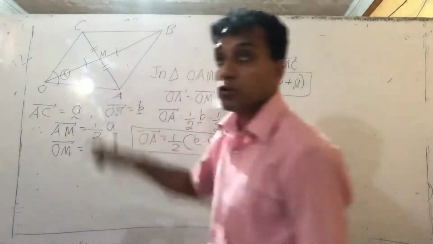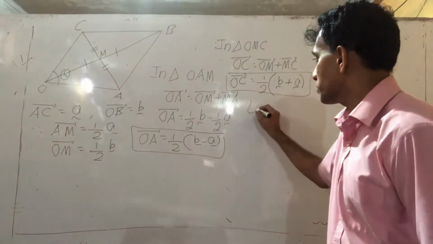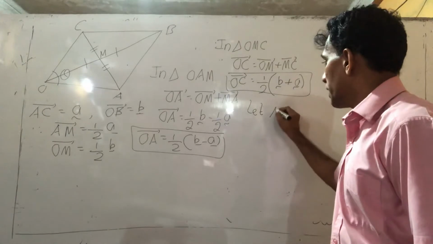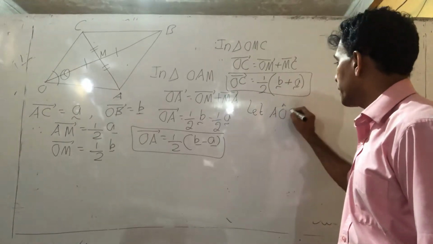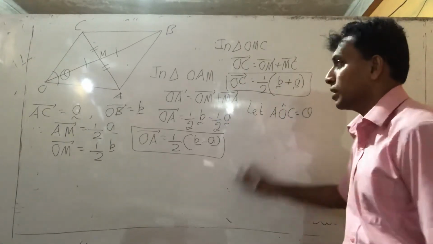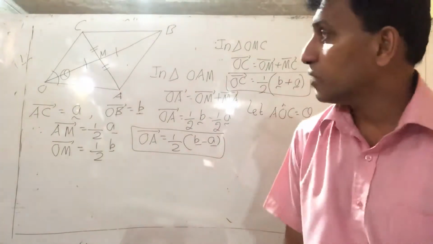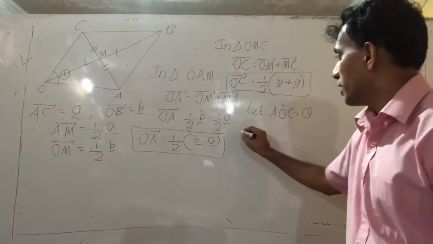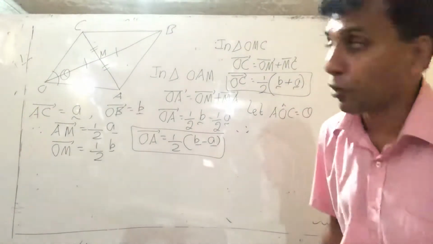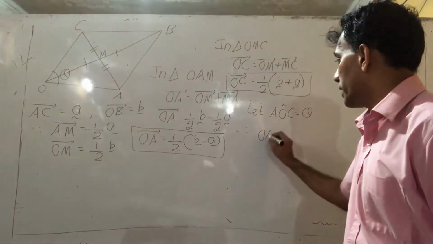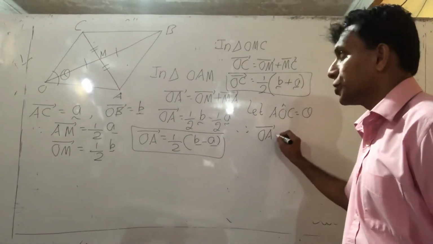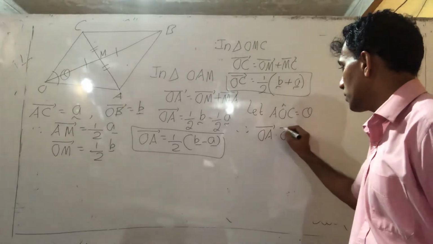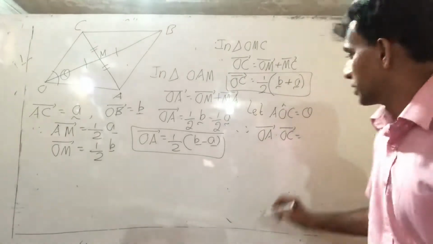Now we talk about that angle. Let AOC angle be theta. Therefore, by using the scalar product, OA dot OC equal to what?